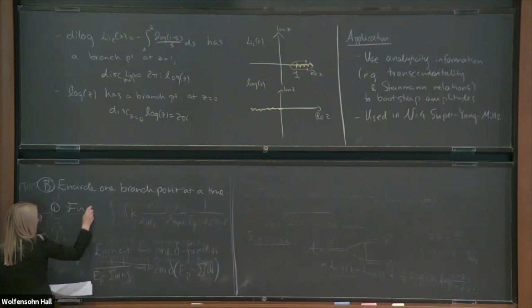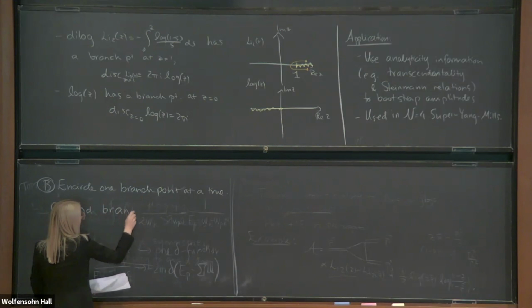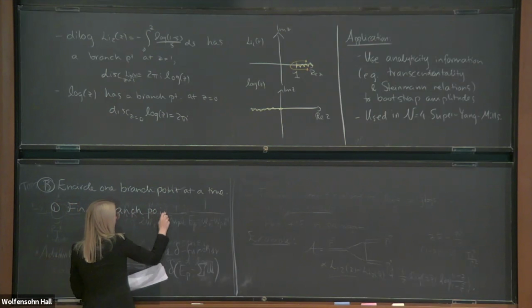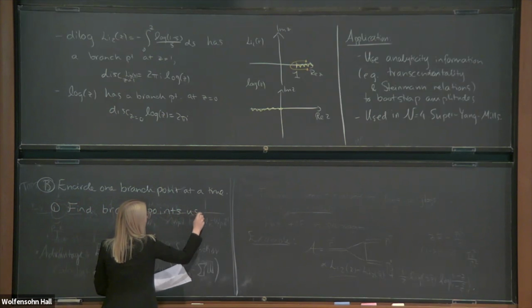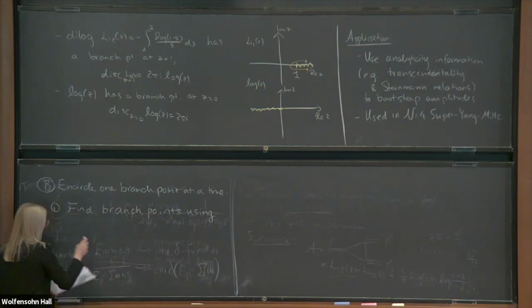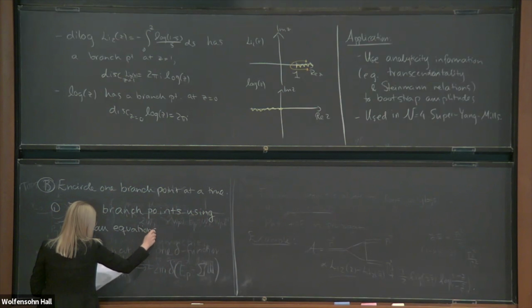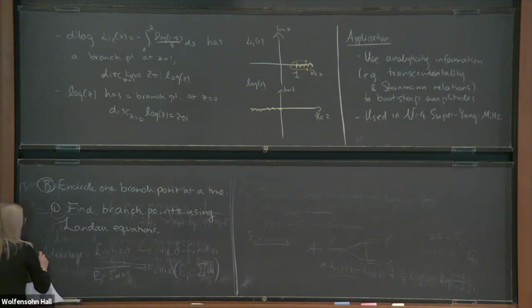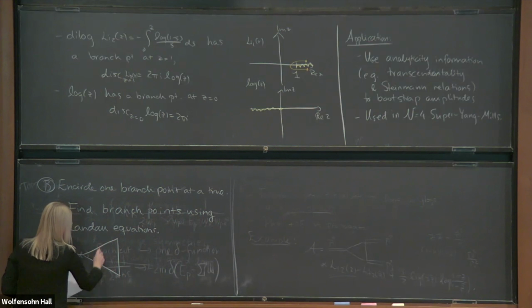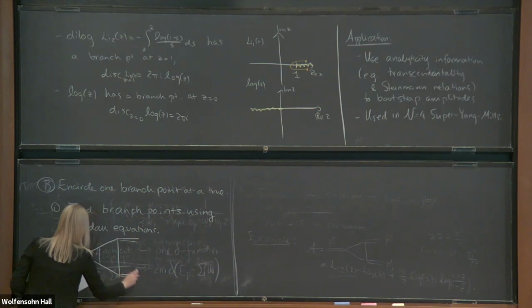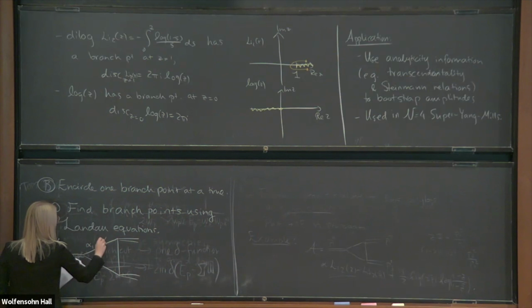The first step is to find the branch points using the Landau equations. I'm going to illustrate the Landau equations with a diagram. Again, our two-loop triangle.